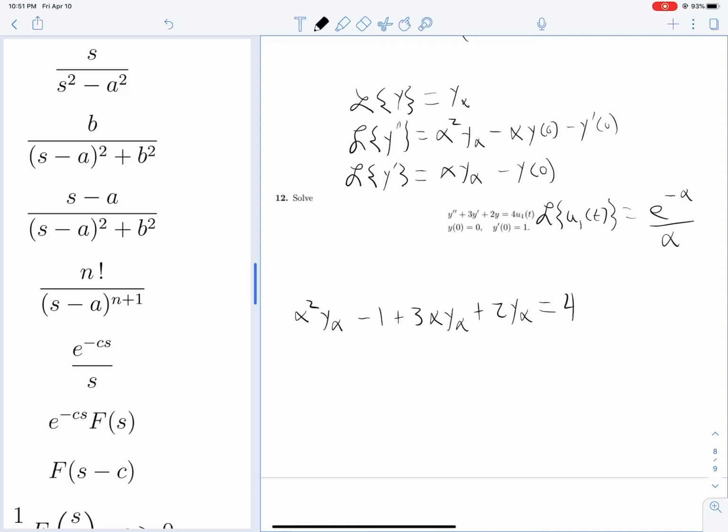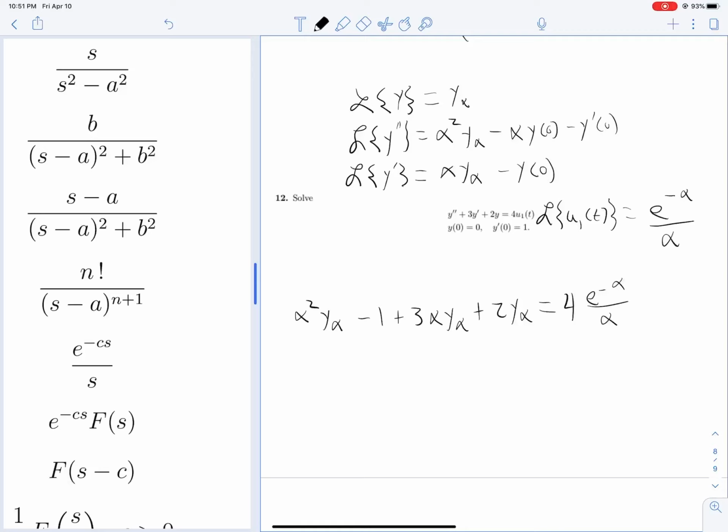And then on our other side, we have 4 e to the negative alpha over alpha. And remember, multiplying constants in does nothing, just like multiplying by a constant in an integral. We can take it out because the Laplace transform is linear.